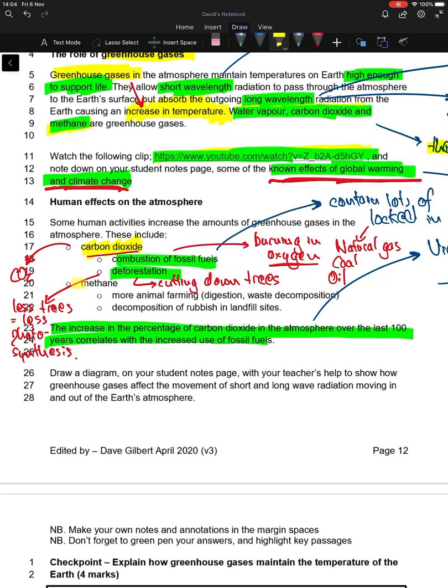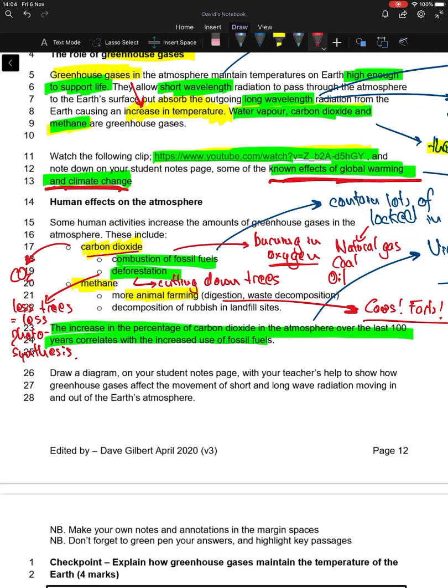Also produces methane. Now, more animal farming and decomposition of rubbish in landfill sites. Especially animal farming, we're talking about cows and cow farts. Cows release methane gas when they excrete gas, when they basically take a little fart, and that methane goes into the atmosphere. More cows, more animals that you're farming for things like beef gives you more methane.